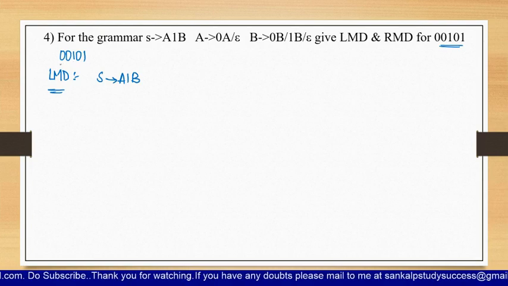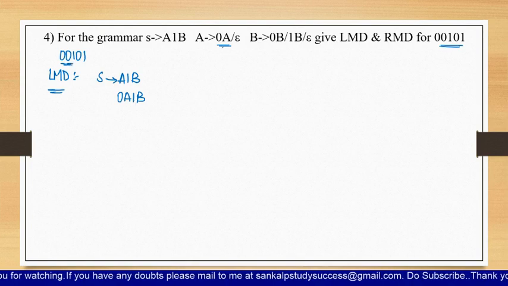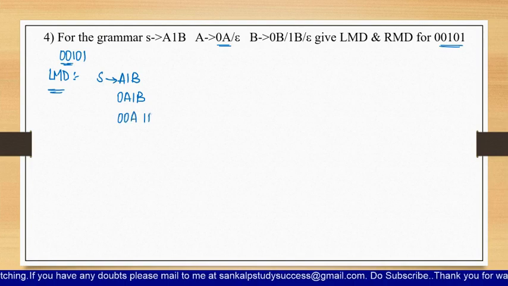If you observe here, our input string is starting from 0. So in place of A, we are going to substitute 0A. So 0A and 1B. Again in place of A, we are having one more 0 before this one. So we are going to substitute again with 0A and 1B.